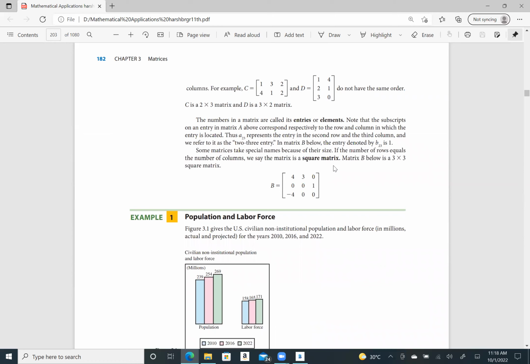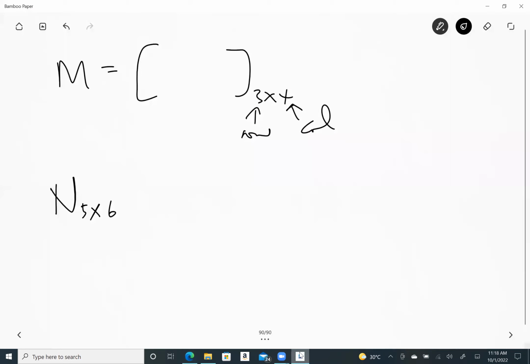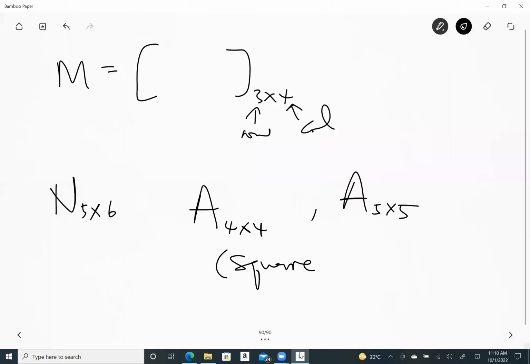Okay, now you have a number of rows equal to the number of columns. We call it square matrix. Okay, so square matrix can be a 4 by 4 or a 5 by 5, as long as the number of rows is equal to the number of columns.